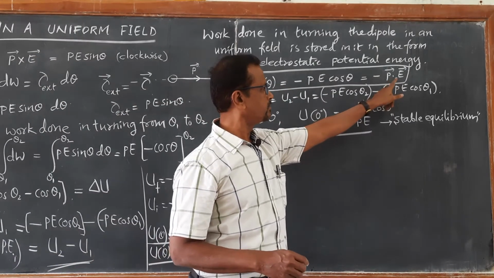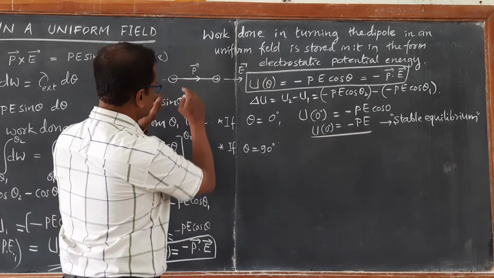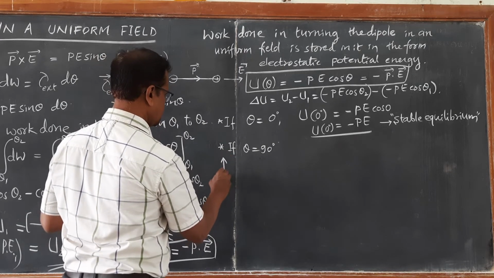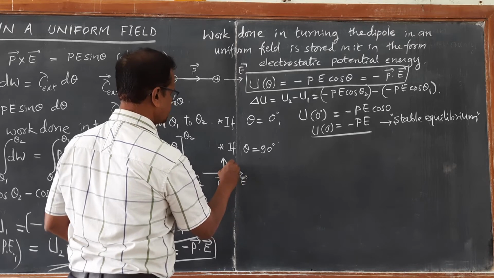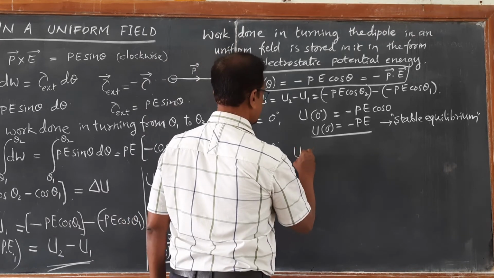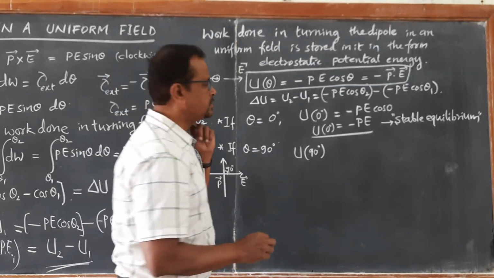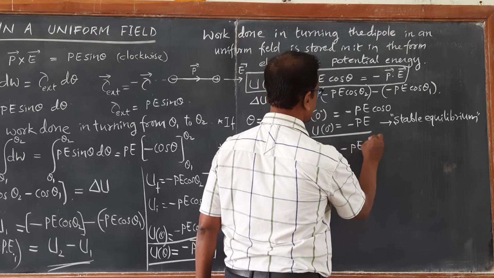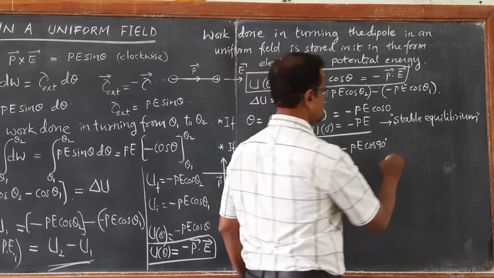If theta is 90 degree, meaning P is perpendicular to the electric field, then the potential energy at theta equal to pi by 2 becomes minus Pe cos 90. Cos 90 is 0. So, it becomes 0.